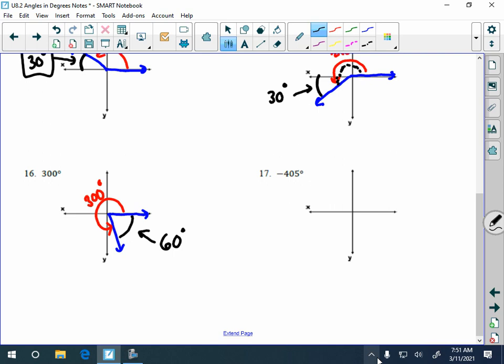All right, and then 17, this is the last one, negative 405. So we have to go in the negative direction this time, 405 degrees. So we know 360 is one revolution, so we subtract those two, and we have to go another 45.